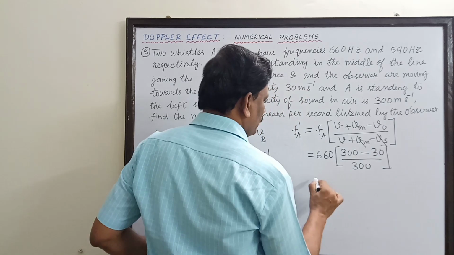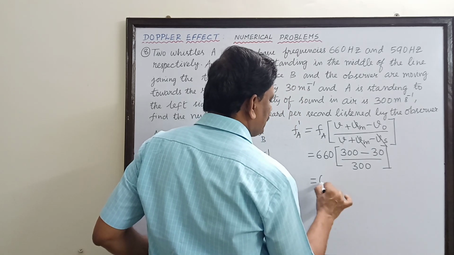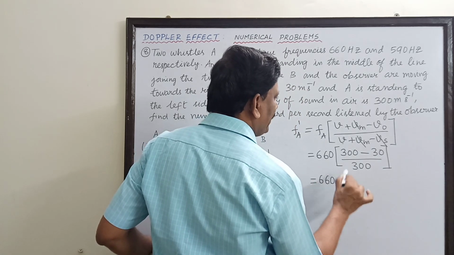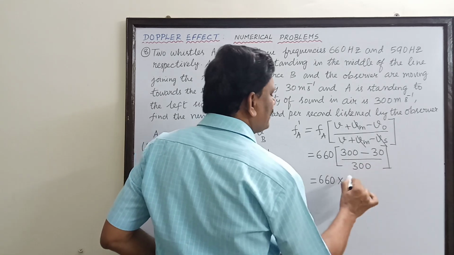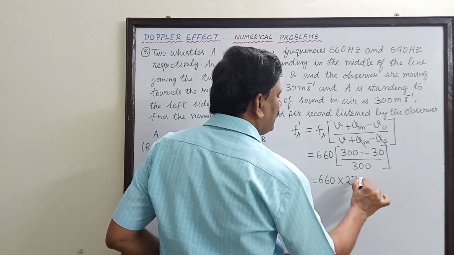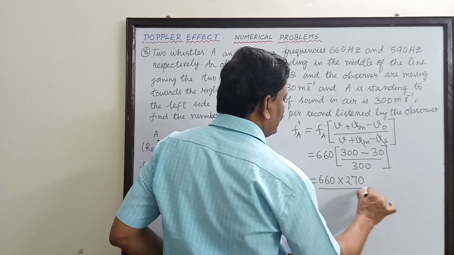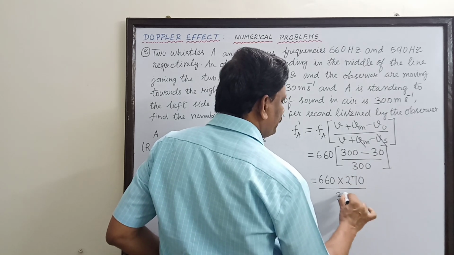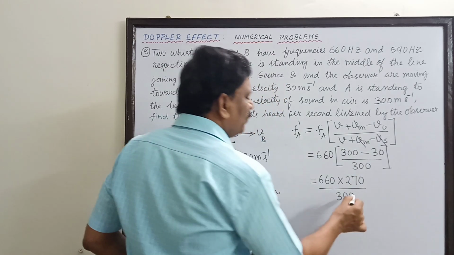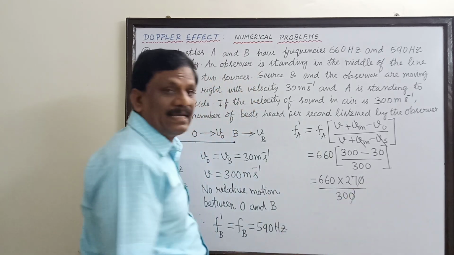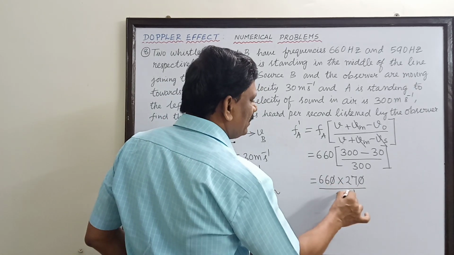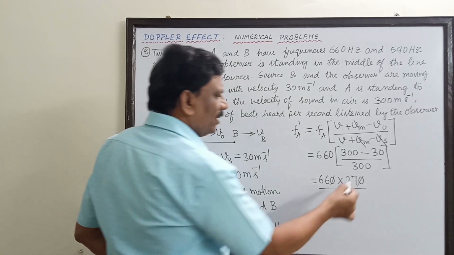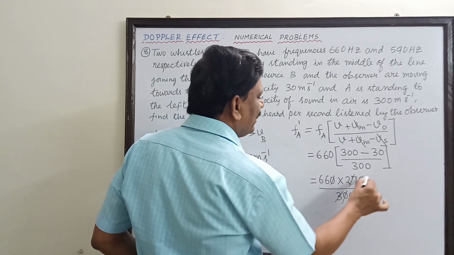So this is equal to 660 multiplied by (300 minus 30, which is 270) divided by 300. Now this 0 and 0 get cancelled, this 0 and this 0 also get cancelled. 27 by 3 is 9.